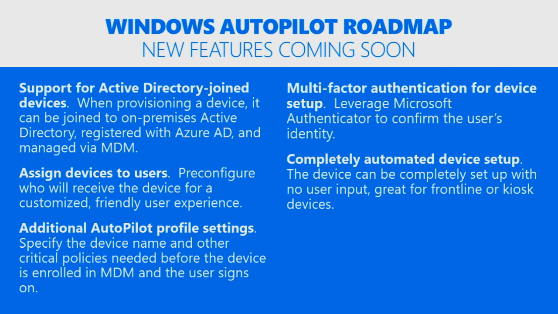If that's not set by the time the user signs into the machine, well, then it's too late because the apps will have already installed. So we will build up a list of settings that would be possible to configure prior to the user signing in, prior to the MDM enrollment being in place, but critical policies that need to be applied to the device early.